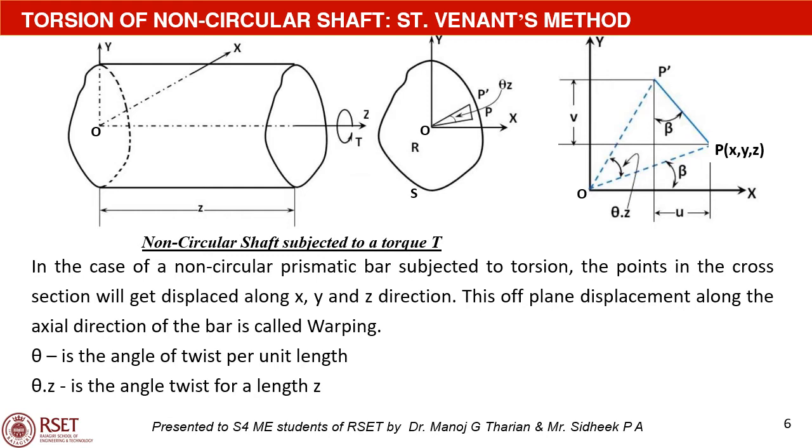The movement of P will be tangential, that is, P dash P will be perpendicular to OP. If beta is the angle between OP and the horizontal, we will get the angle between P dash P and the vertical as beta.